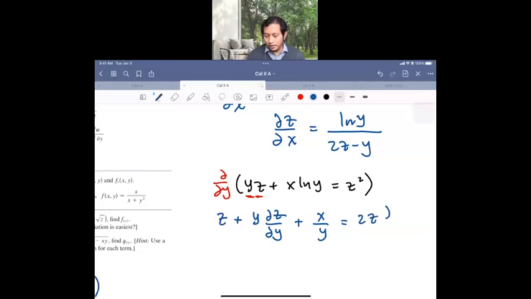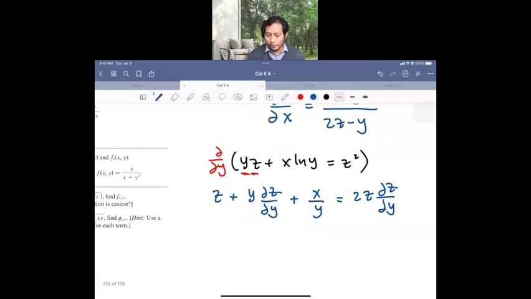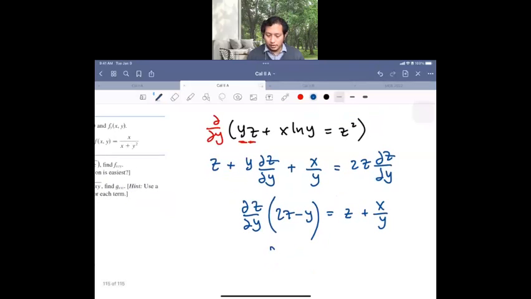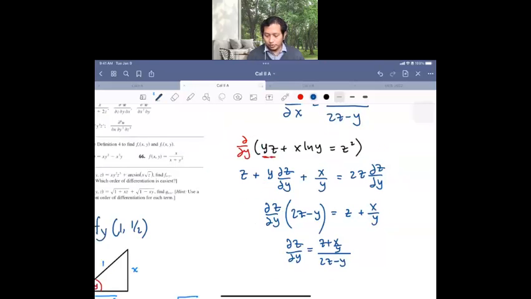And then this will be 2z ∂z/∂y. So let me group 2z minus y, and then this equals z plus x over y. So ∂z/∂y is z plus x over y divided by 2z minus y. You can write just like this.